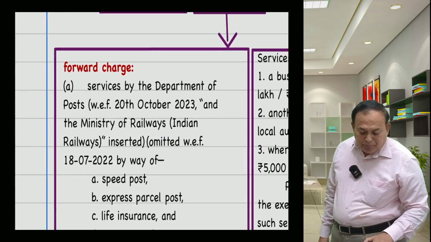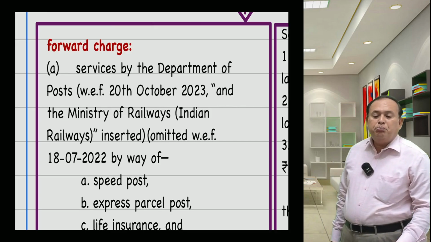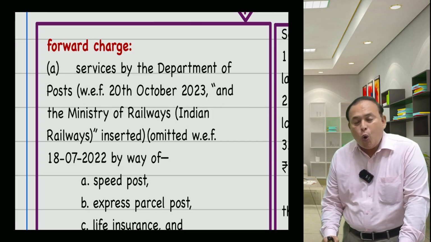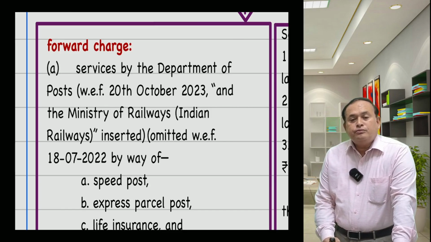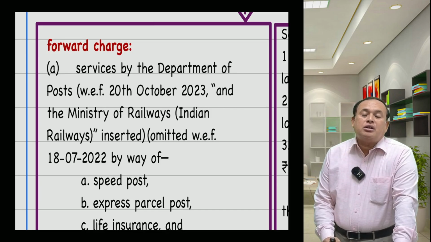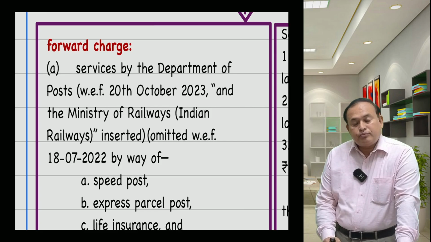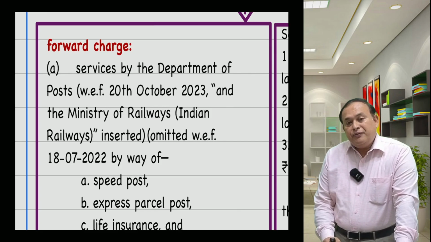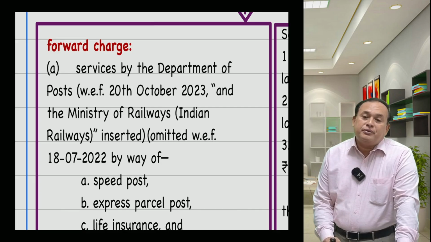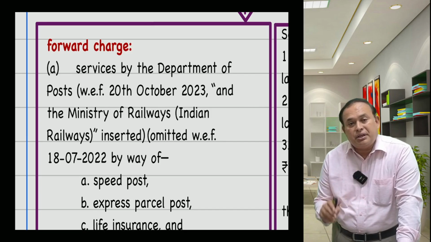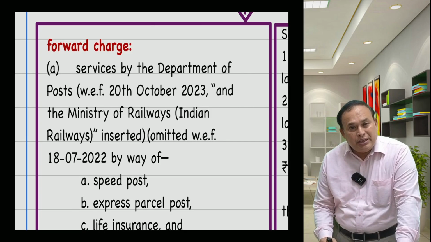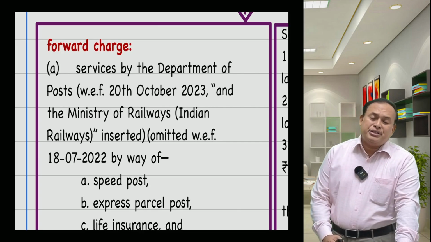See, supply of services by government or local authority which is not covered under Article 243G or Article 243W. If the following supply of services is offered under forward charge, who is liable to pay GST? The supplier, being a government or local authority, is liable to pay GST.